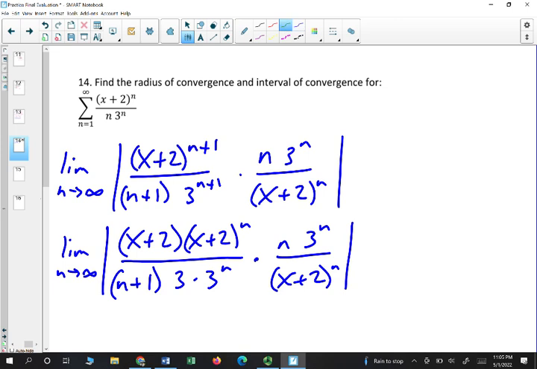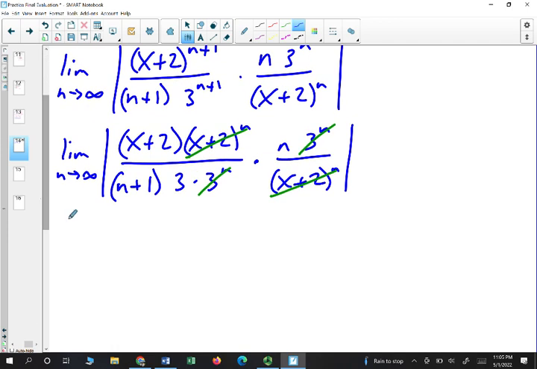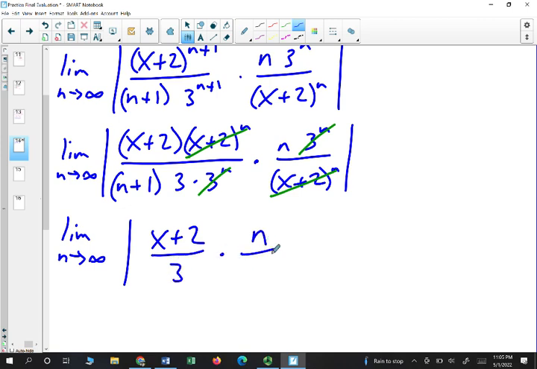Here comes the favorite part again. We get to cancel the 3 to the n's and the x plus 2 to the n's. Okay, so let's take a look at what's left. Limit as n goes to infinity, we would have (x plus 2) over 3 times n over (n plus 1).